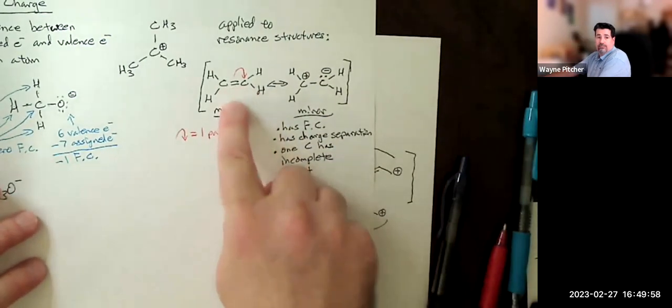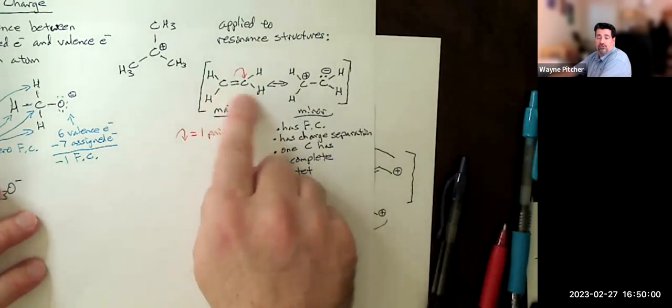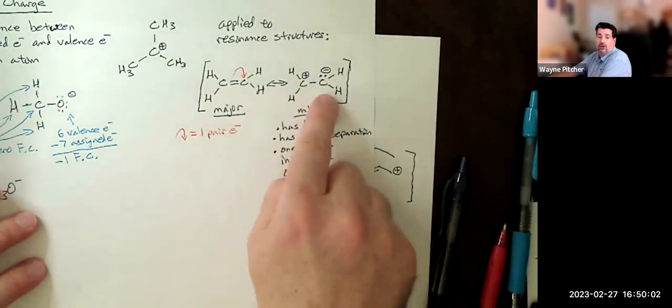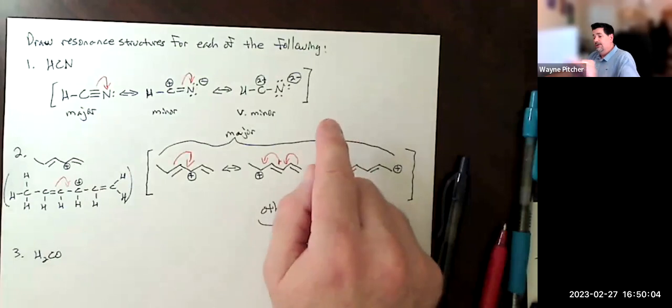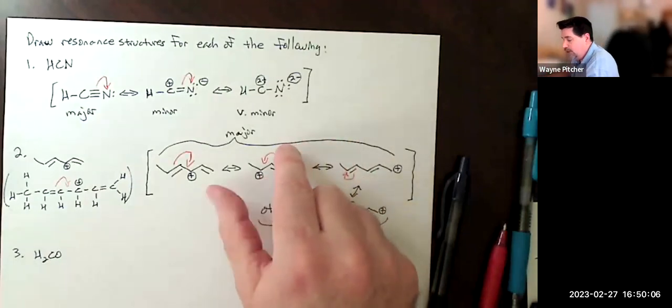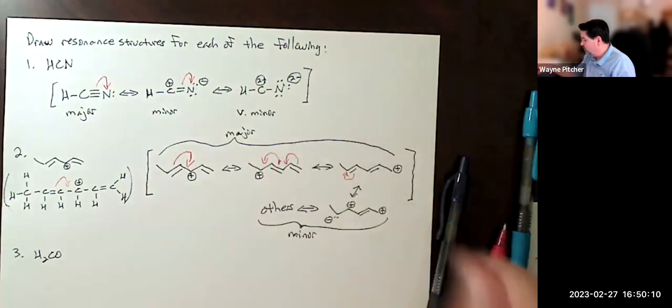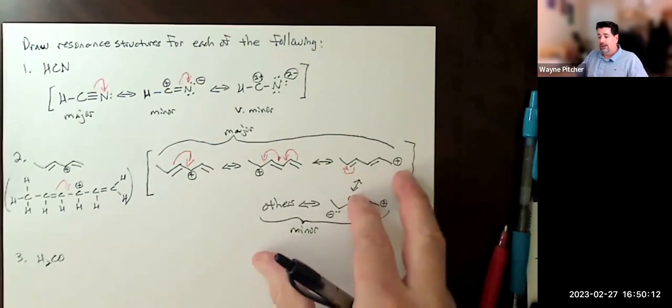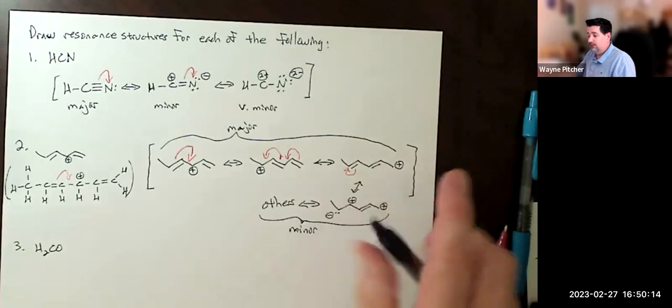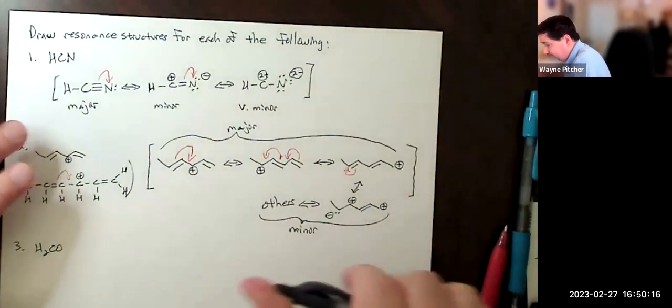For drawing C2H4 ethylene, we're not going to draw this minor structure. The time when we do draw a minor resonance structure is when it is needed to explain stability or reactivity.